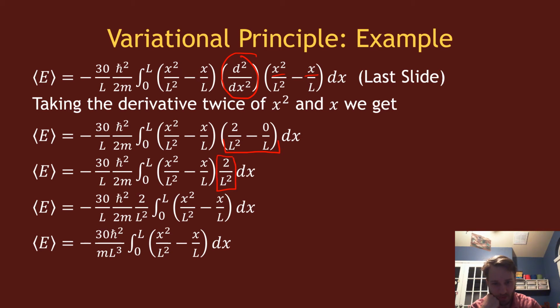And then I just pull that 2L squared out of the integral, and so I just have the integral of 0 to L of x squared over L minus x over L. And so in this final expression, I just simplified the constants out front.